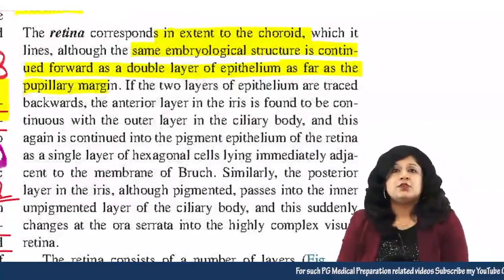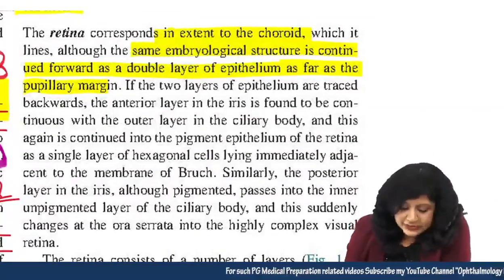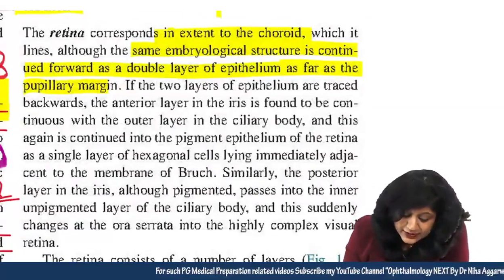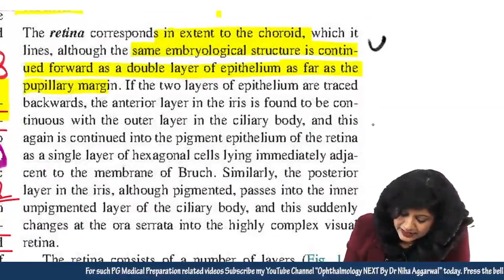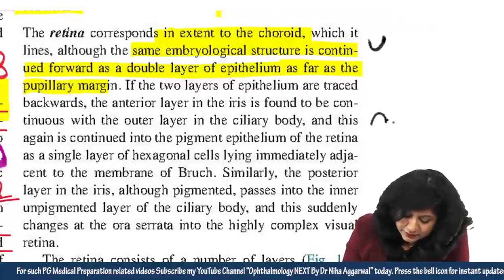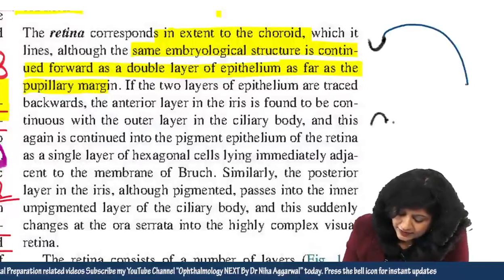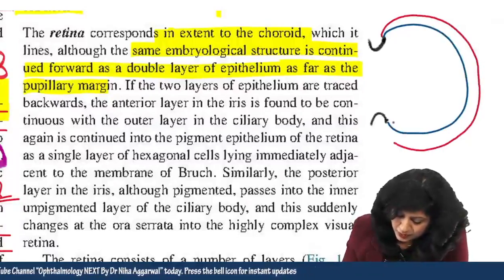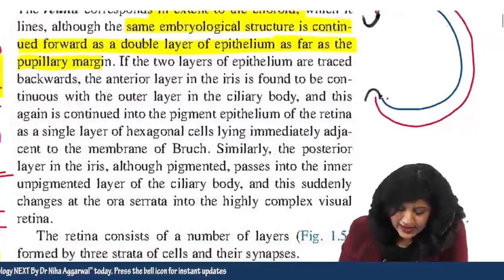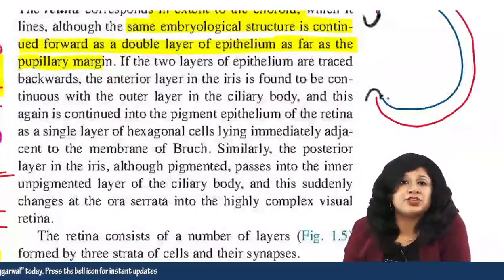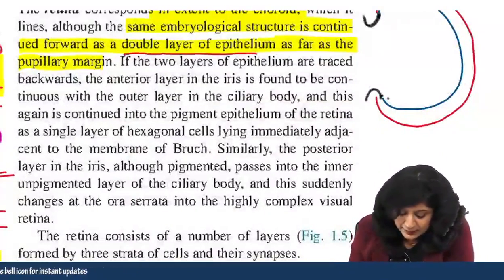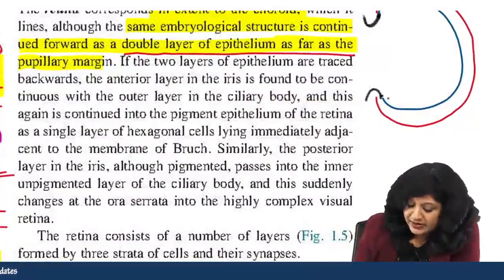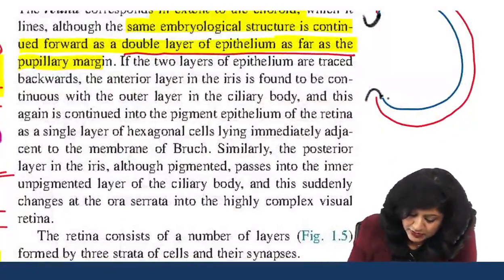When we talk about the extent of the choroid and the retina, after the ciliary body we have both the retina and the choroid, and the same structure continues as a double layer of epithelium as far as the pupillary margin.